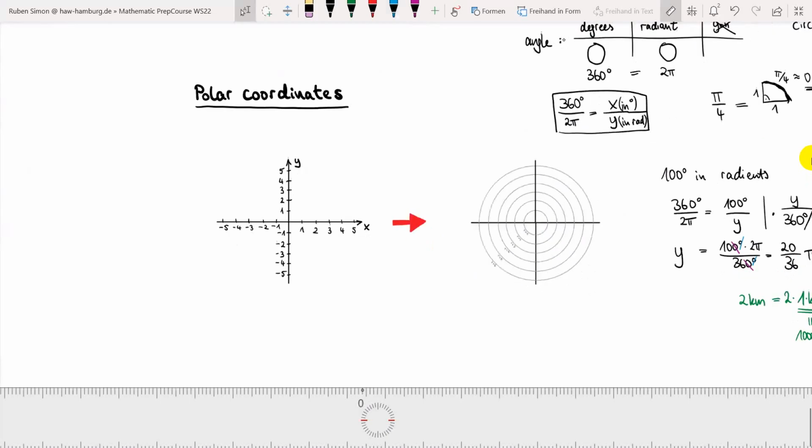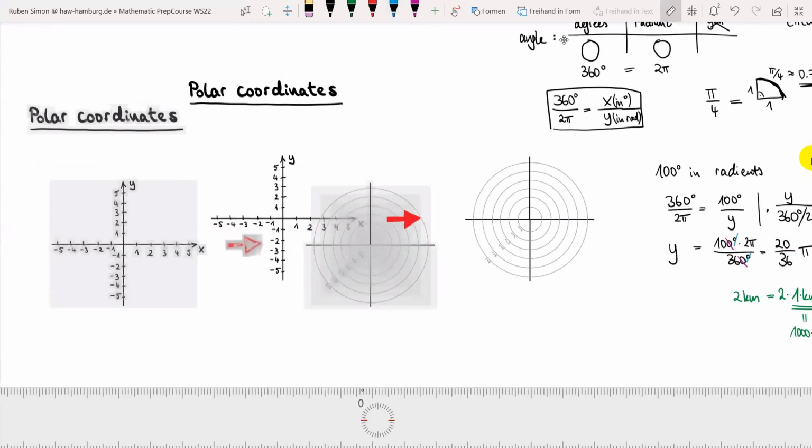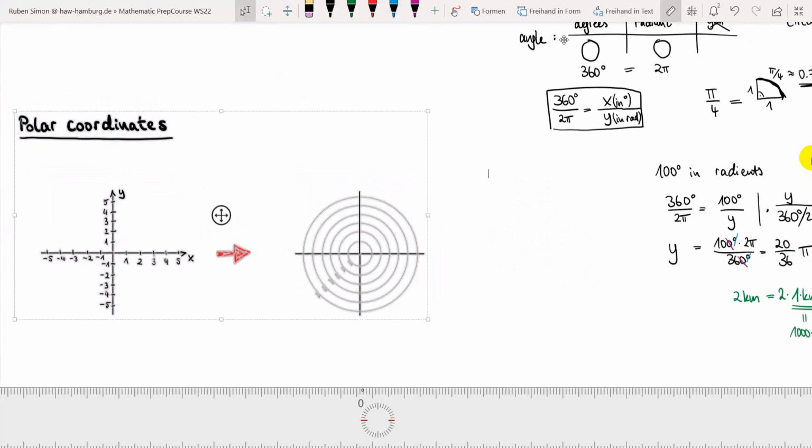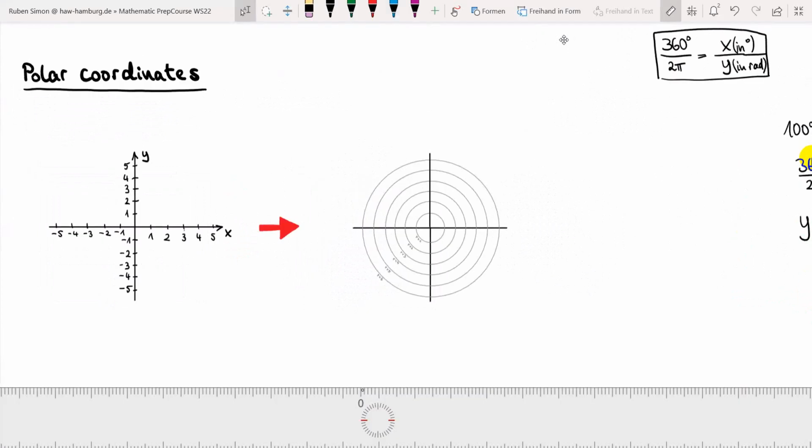I remember that no one had ever heard of polar coordinates, but actually it's not that hard to understand. So polar coordinates, or better to say the polar coordinate system, is just another way to describe where a certain point is situated on the 2D plane.